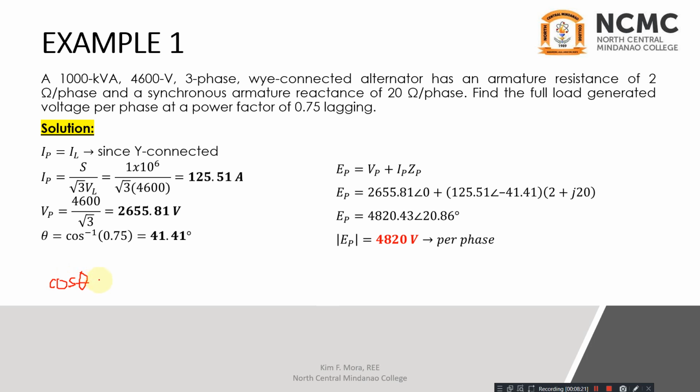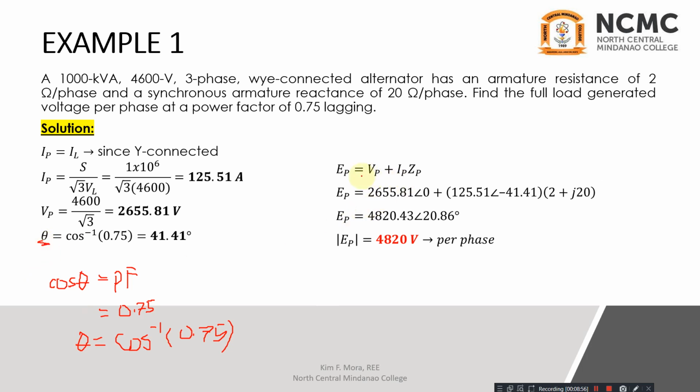So since we have a power factor of 0.75, to solve for our theta we take the inverse. So we have cosine inverse of 0.75. That will give us theta, which is the angle of our current.